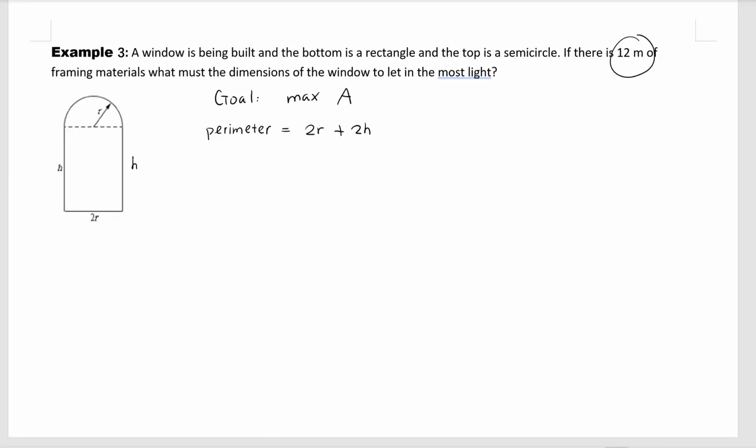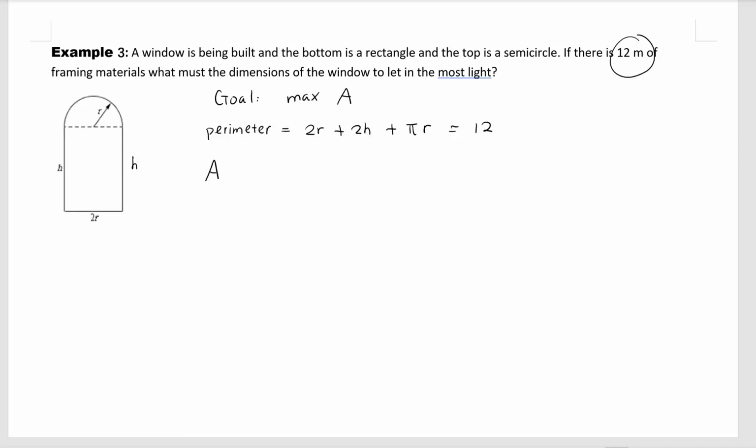Okay, and we also have a semicircle. So for the semicircle, we know the circumference of a circle is 2 pi r. So the semicircle is pi r, right? And that equals 12 meters. Next, we want to write the relations.